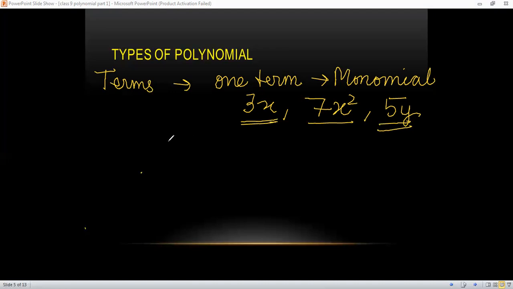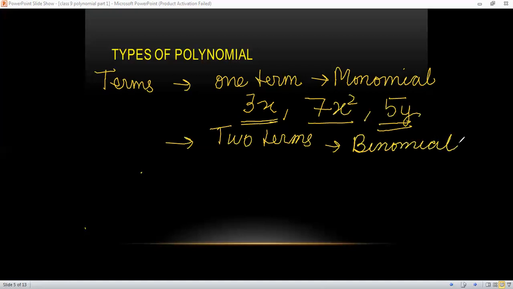Now when a polynomial is having two terms, we define it as binomial. 4x plus 2y. This is a binomial because it is having two terms.